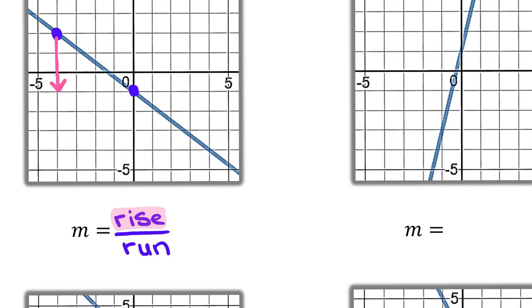Well, how many boxes did I move? 3. I can count my boxes by ones because everything's marked in ones. So my rise was actually a fall, and I'm going to put -3. And now I'm going to do my run. So we'll keep it green. So starting there, I need to run over to my dot.